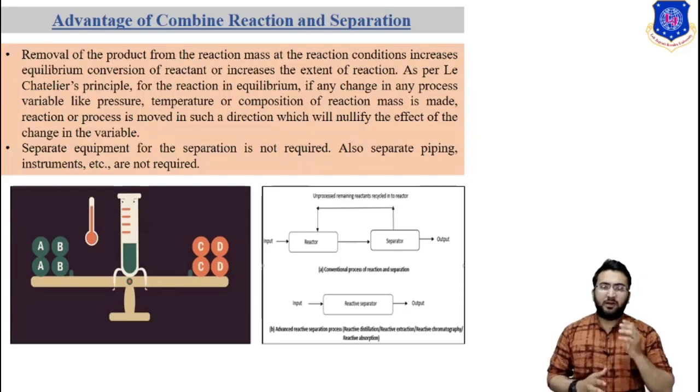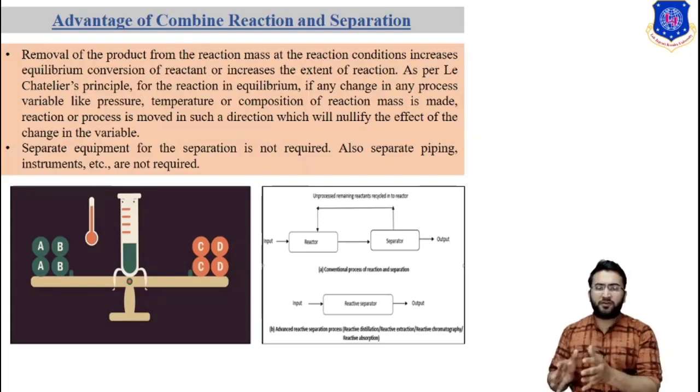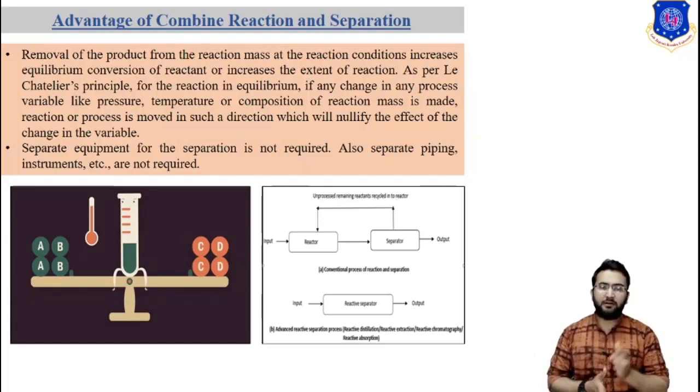As per Le Chatelier's principle for a reaction in equilibrium, if any change in a process variable like pressure, temperature or composition of the reaction mass is made, then the reaction moves in a direction which will nullify the effect of the change.